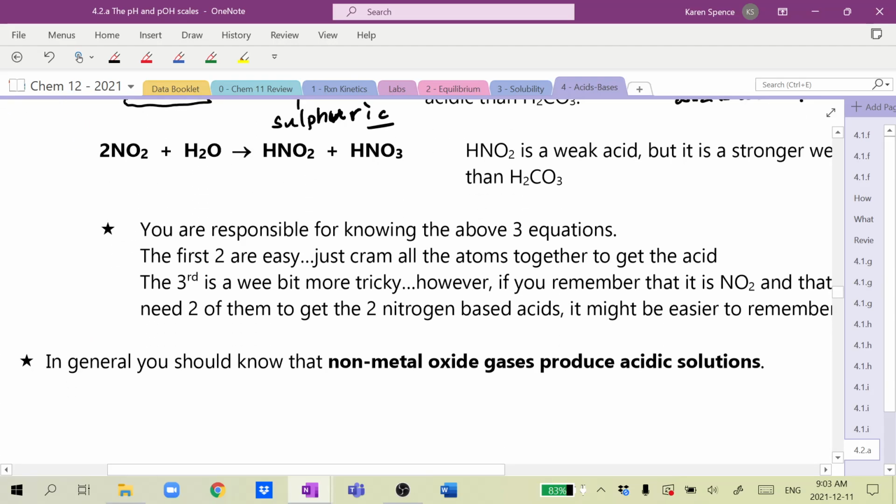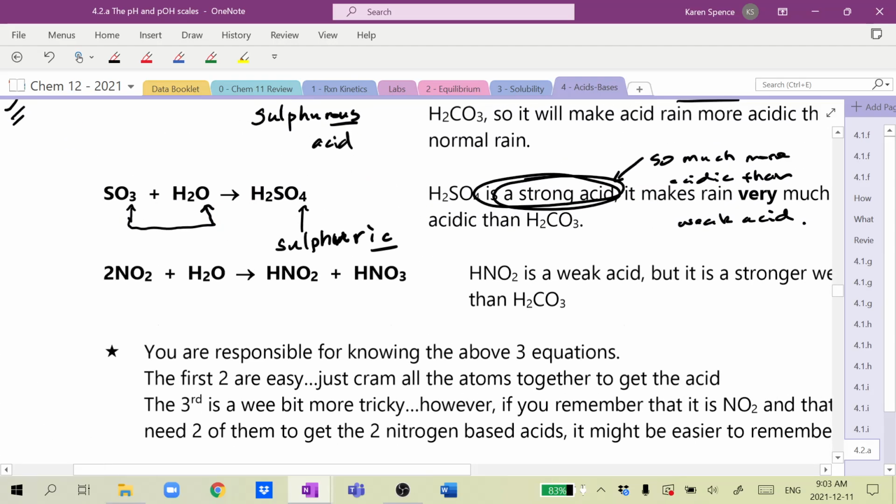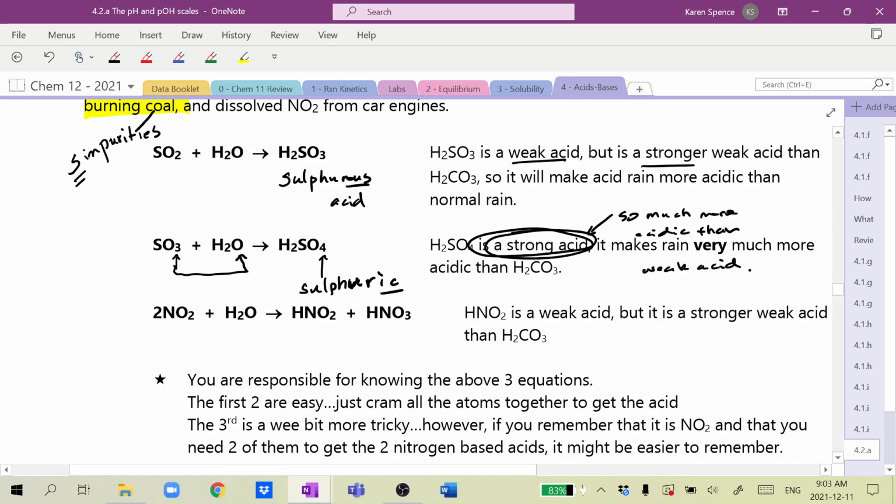Okay? There is another source of nasties for acid rain, and that is NO2, nitrogen dioxide. And that is from burning fuel in a car, burning gasoline in a car engine.